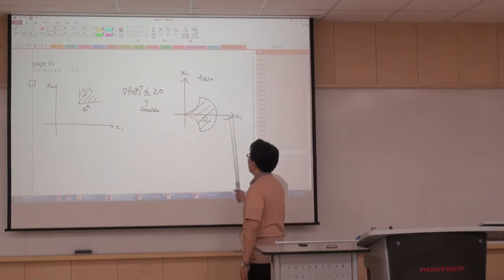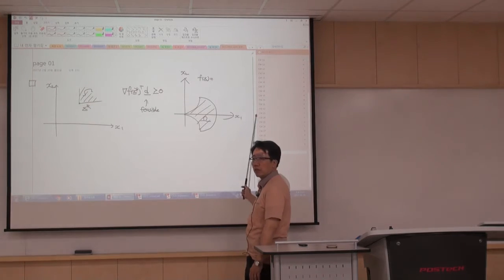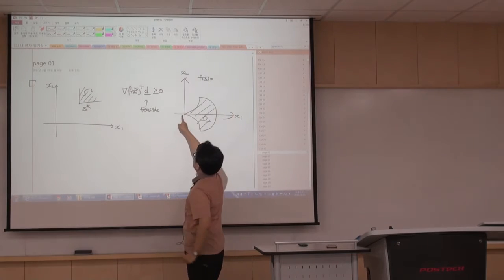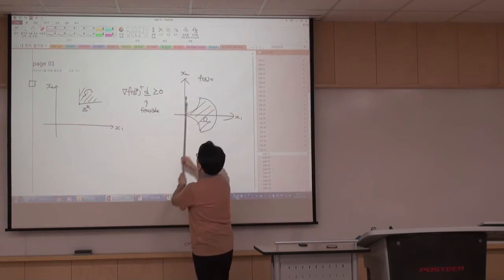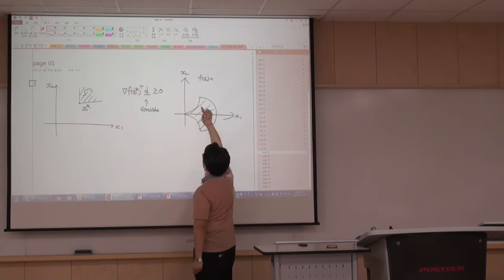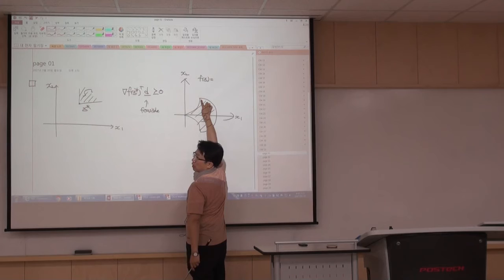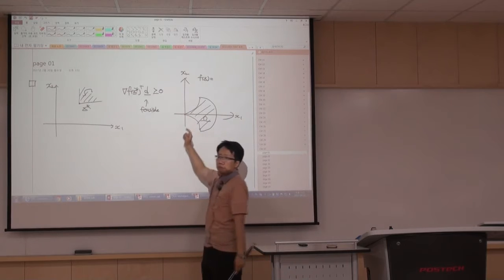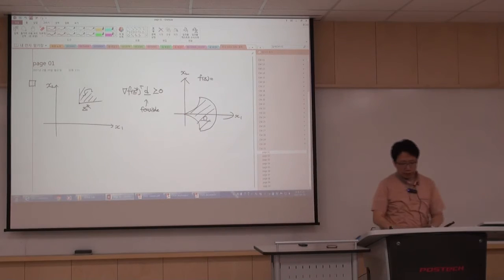Along this direction, you have a quadratic function that achieves its minimum here. But along this direction, you have a negative quadratic, so that, for example, the point here may be smaller than this one. Got it?